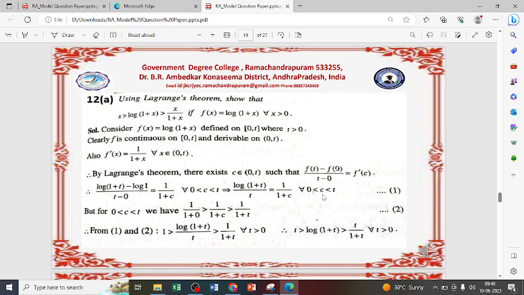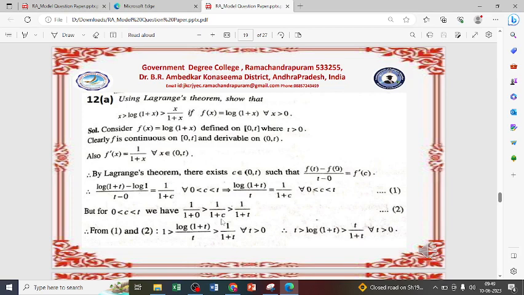Now what is going to happen? The c value is lying between 0 and t. Therefore, clearly 1 + c lies between 1 and 1 + t. Therefore, taking reciprocals, 1/(1 + 0) will be greater than 1/(1 + c), which will be greater than 1/(1 + t). Call that inequality 2. 1/(1 + 0) is nothing but 1.